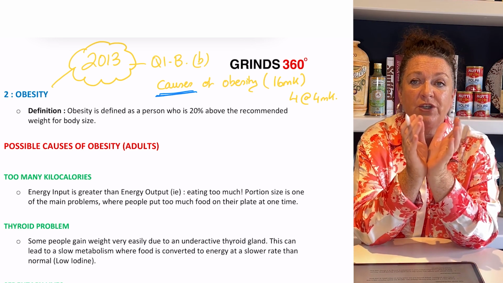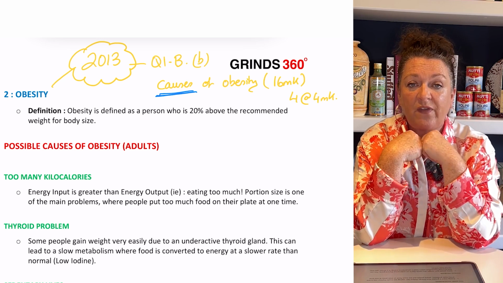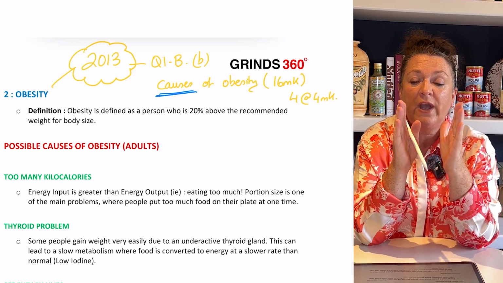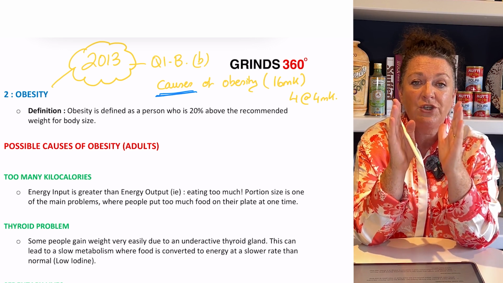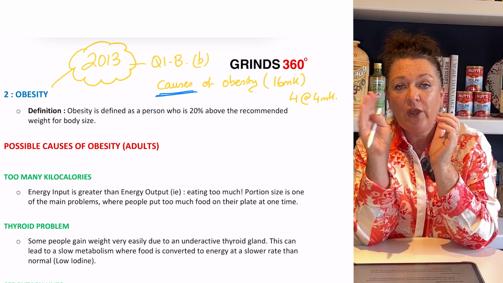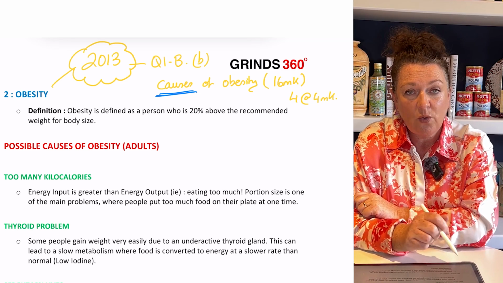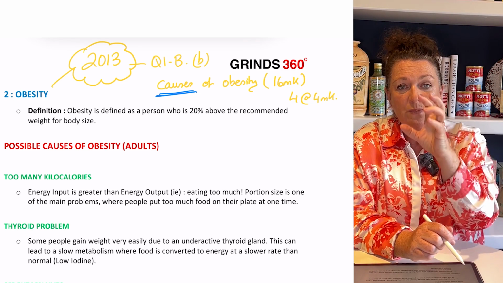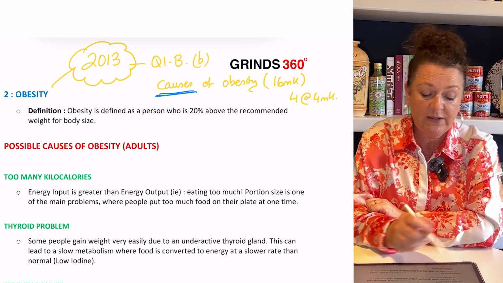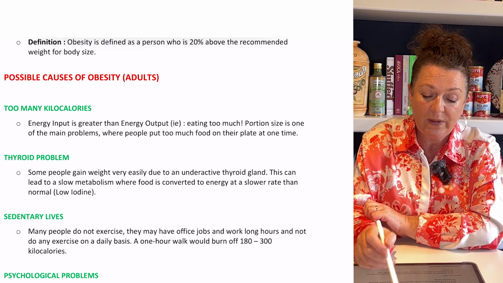When we say weight range, individuals might have a perfect weight that they would like to be, but from a medical point of view, we have what's described as a weight range. Some people are at the lower end of the ideal weight range, some are at the upper end, and some are smack bang in the middle. But if you're 20% outside that range of weight for your body size, you are considered obese.